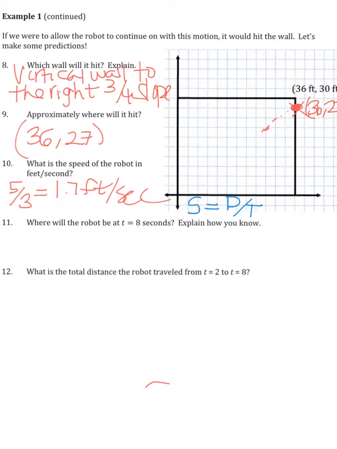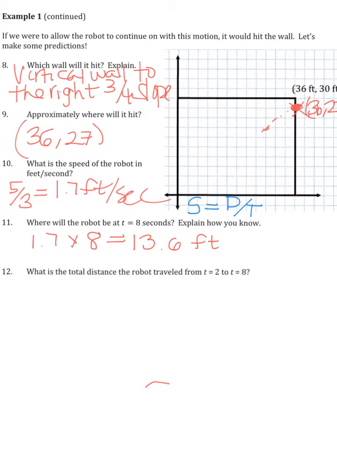Where will the robot be at t equals 8 seconds? Well, if we know that it's at 1.7 feet per 1 second, all we have to do is multiply that by 8 and get 13.6 feet for 8 seconds.